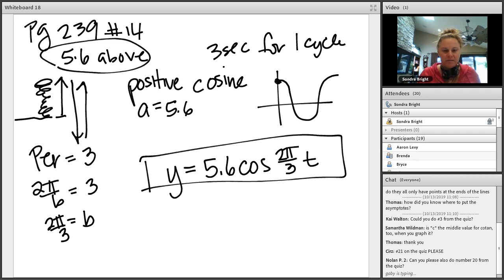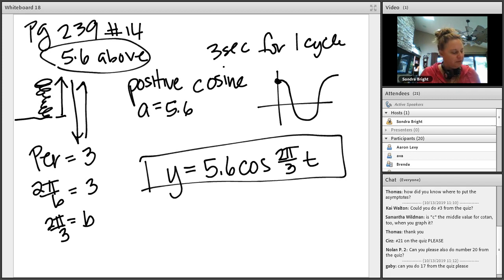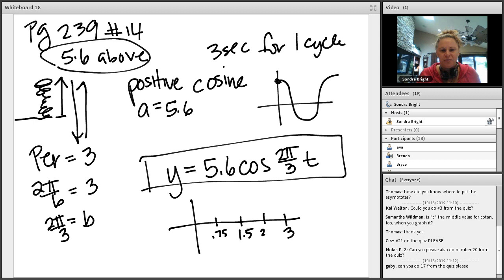And then graphing it. Wow. That's a funky graph, but it looks like that. 3 seconds is your period, and so this would be 1.5 and then 0.75 and then 2.25, and then you're going up to 5.6 and down to negative 5.6.